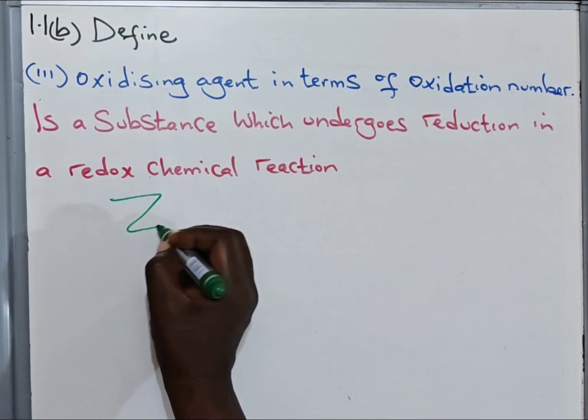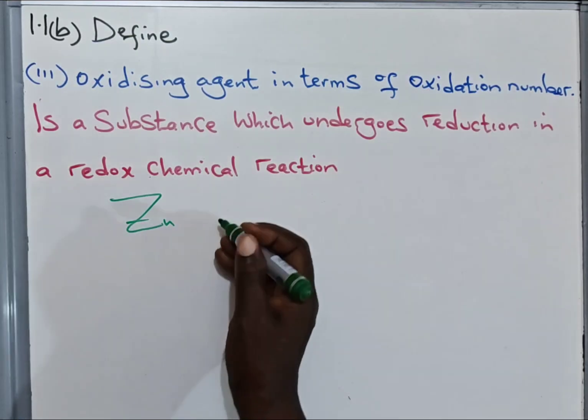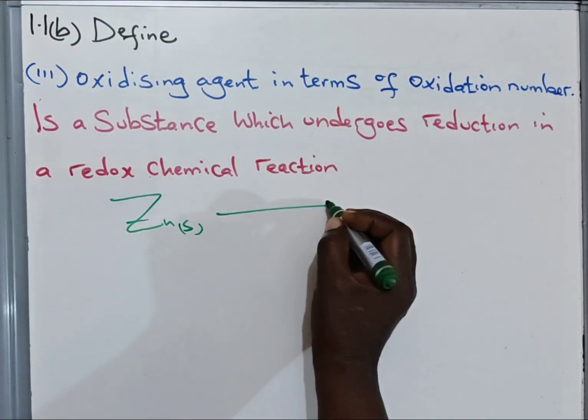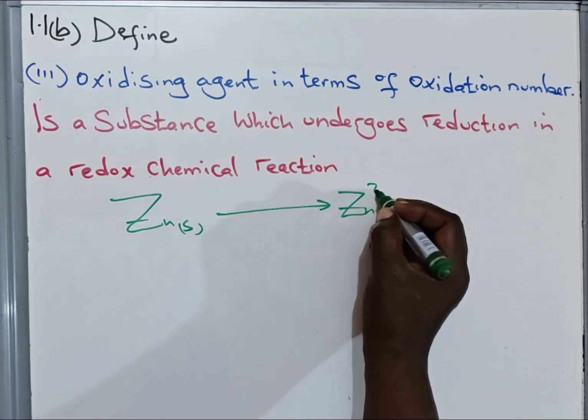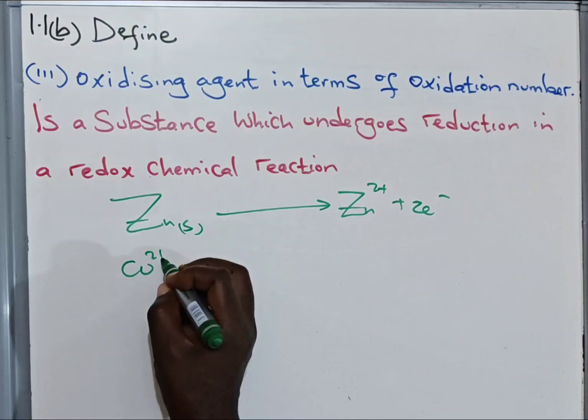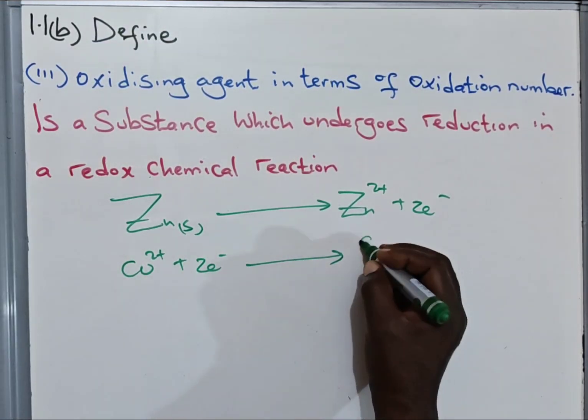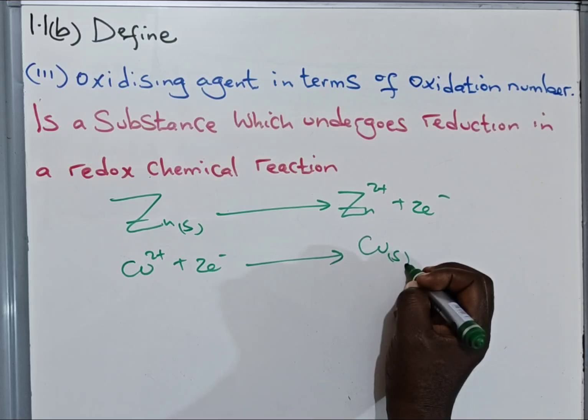The reaction between zinc, when zinc is in combination with copper. We said zinc has a tendency of undergoing oxidation, and copper 2 ions take up 2 electrons to become reduced to copper solid.